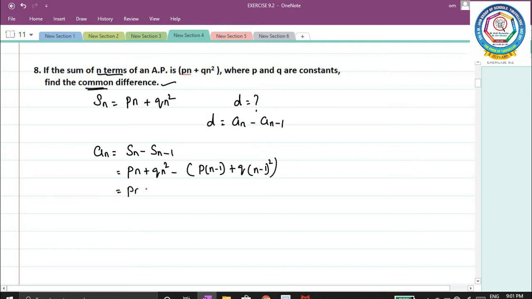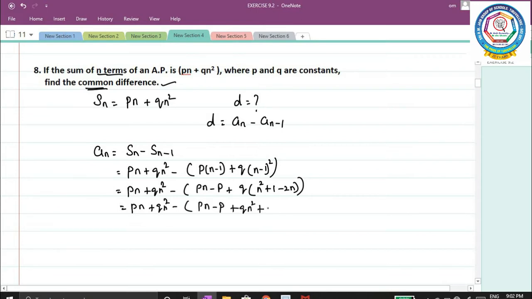So Pn plus Qn square minus of, first we have to remove the bracket, Pn minus P. Now it is in the form of a minus b the whole square. We know the formula a minus b the whole square is a square plus b square minus 2ab. So n square plus 1 square, 1, minus 2n. So next, Pn plus Qn square minus Pn minus P plus Qn square plus Q minus 2Qn.